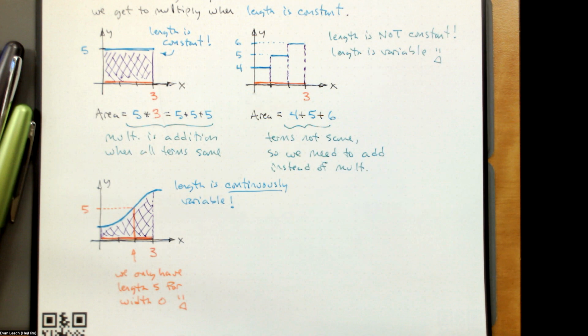How do we add this up? There's a continuum. We can't add up all these heights because they're a width of 0. And it's a continuum. Where do we put the plus signs?